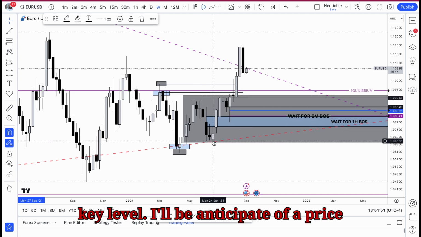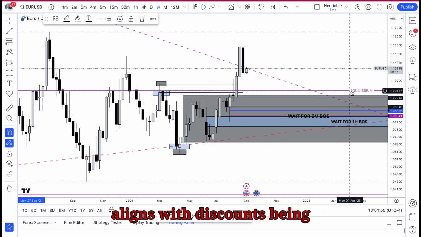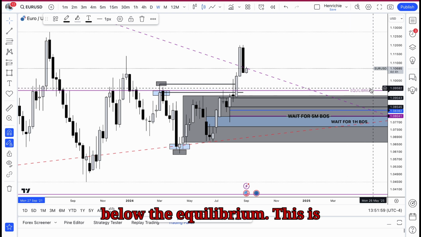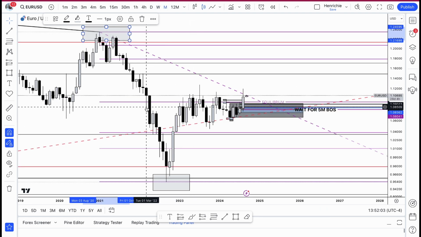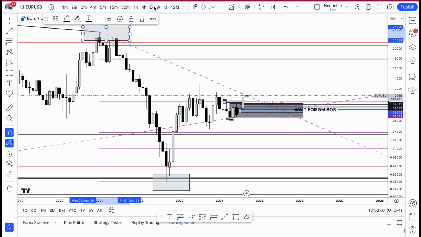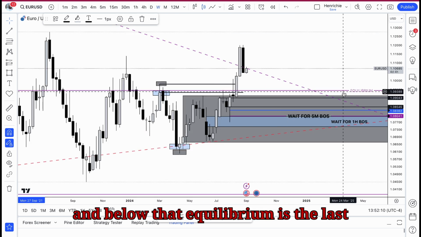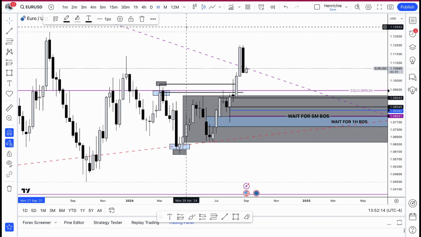That is the key level I'll be anticipating for price to come down into. And look, it aligns with discount being below the equilibrium. This is equilibrium right here on the monthly. Look right here, this is equilibrium on the monthly, and below that equilibrium is the last down close candles.